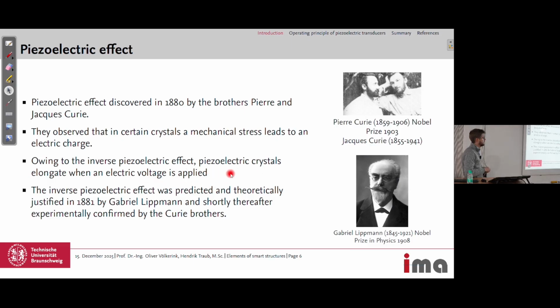So this is the effect we use when we use them as actuators. And this inverse effect was predicted and theoretically described in 1881, so 1 year later, by Gabriel Lippmann, and was also shortly thereafter confirmed experimentally by the Curie brothers.